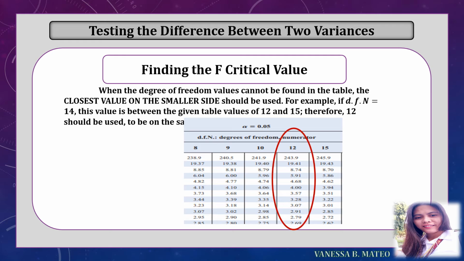For example, for alpha 0.05, since 14 is not in the DFN column, our basis will be the smaller closer value to 14, which is 12, because 14 lies between 12 and 15.